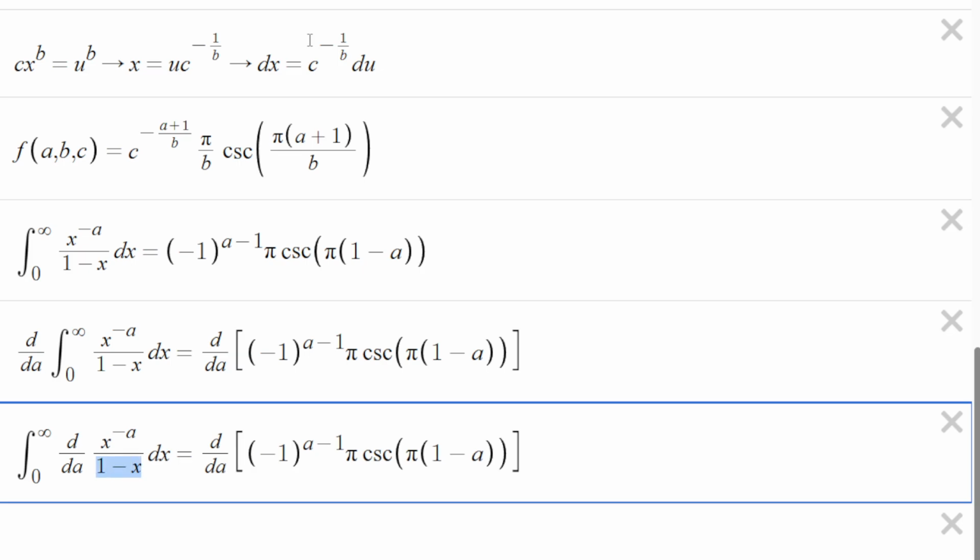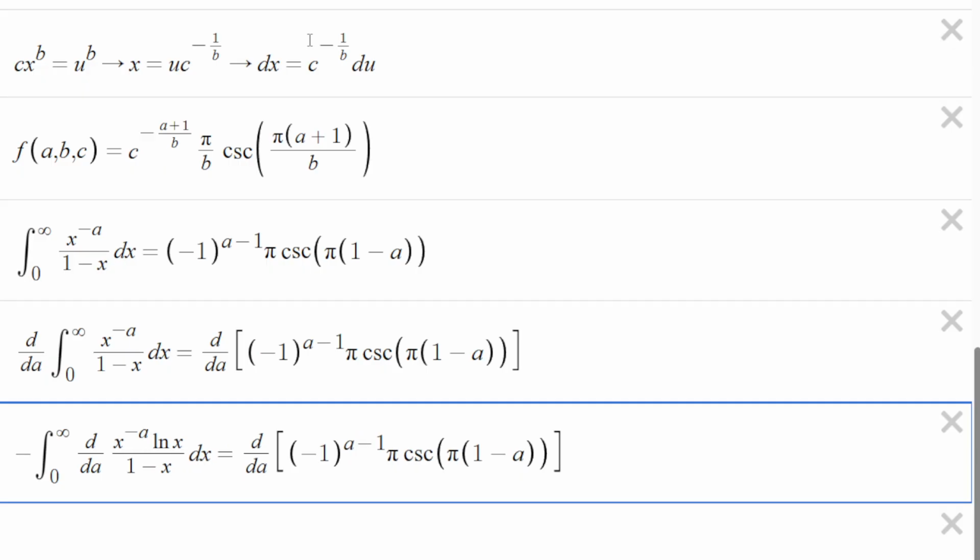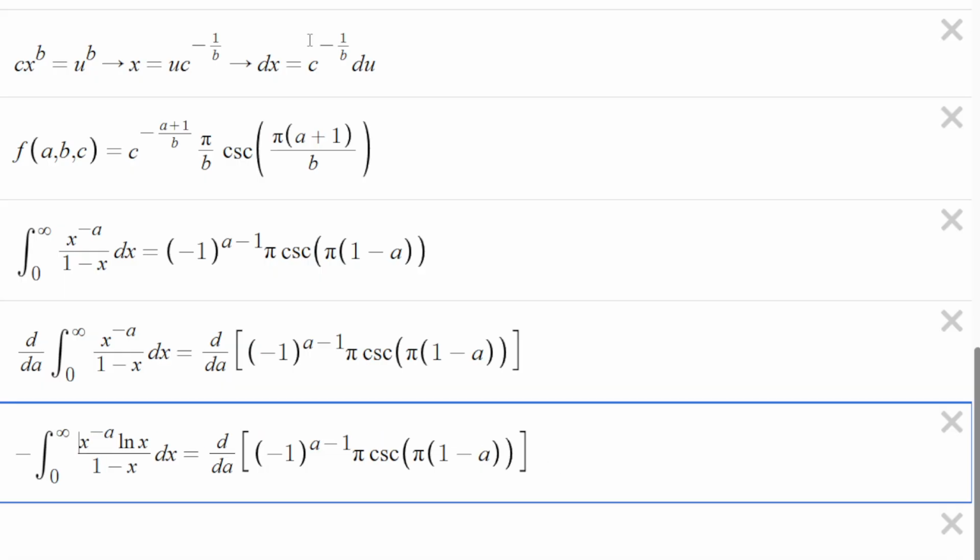Well, our 1 minus x on the denominator is constant with respect to a, so we're just going to end up with negative x to the negative a natural log x over 1 minus x.